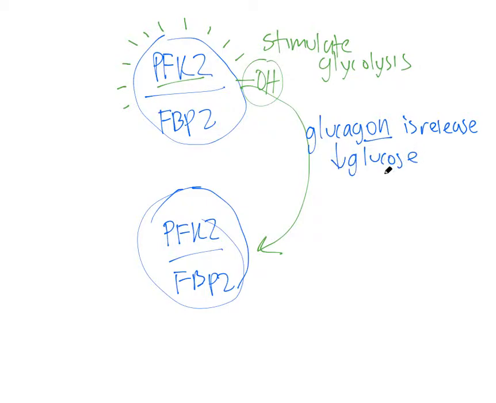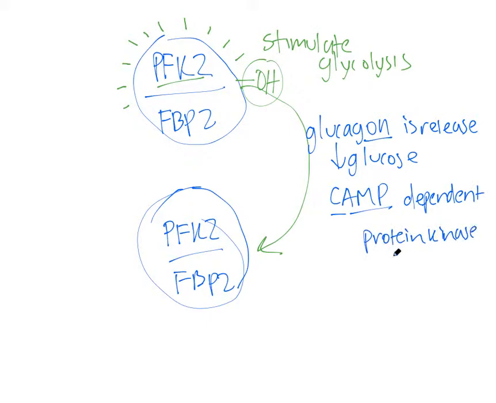So when this happens, the cAMP, cyclic AMP dependent protein kinase is going to be activated, and this is going to work by taking an ATP and converting it to ADP. It's stimulated by glucagon.